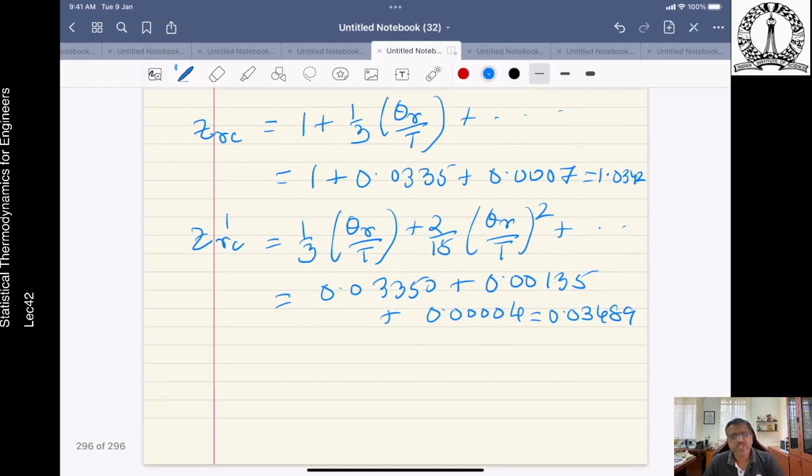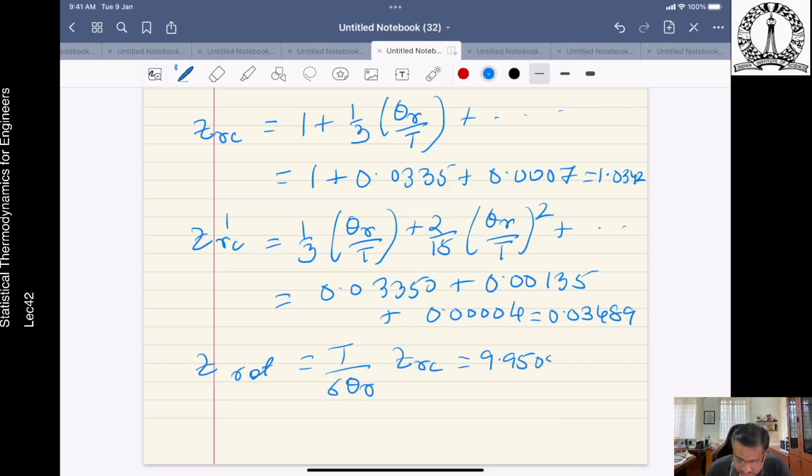Okay, so the rotational Z rotation therefore becomes T by sigma theta r times ZRC, which is 9.9505 multiplied by 1.0342, which is like 10.2908.